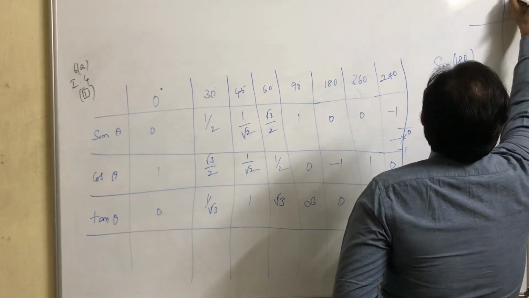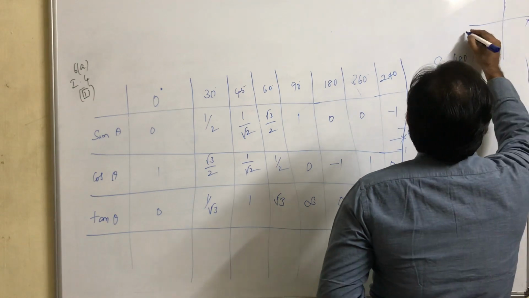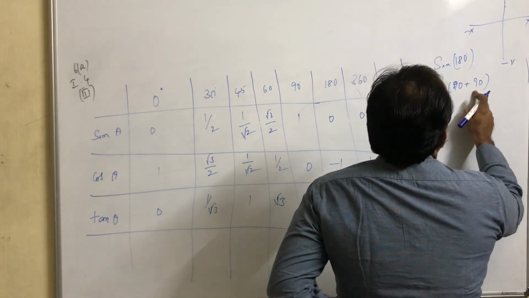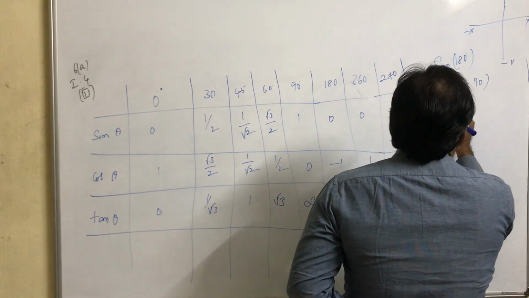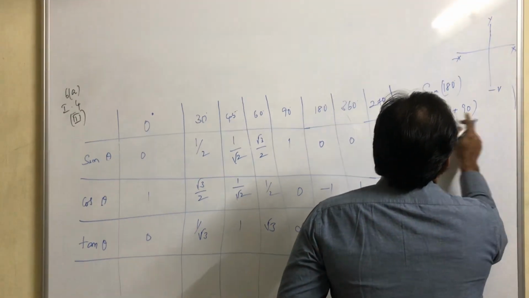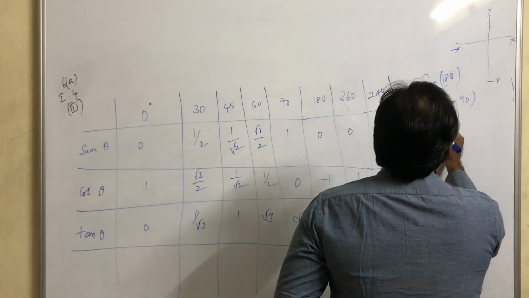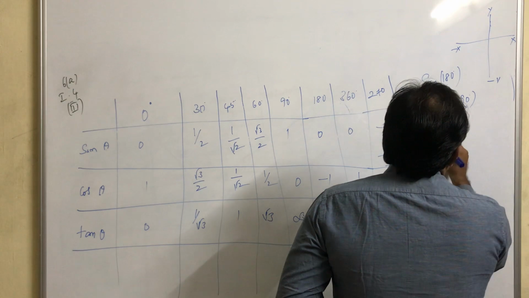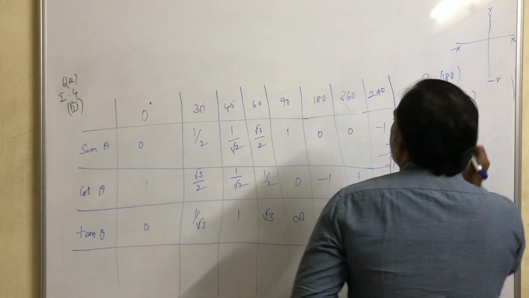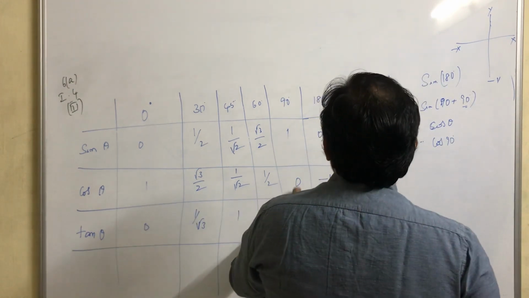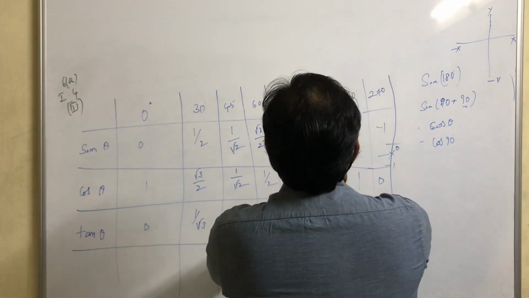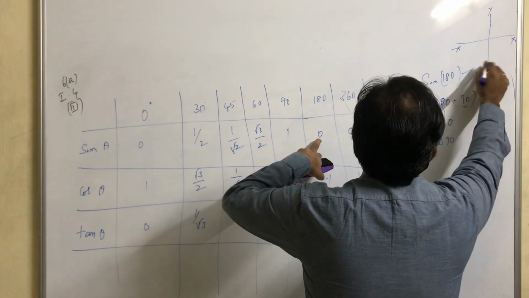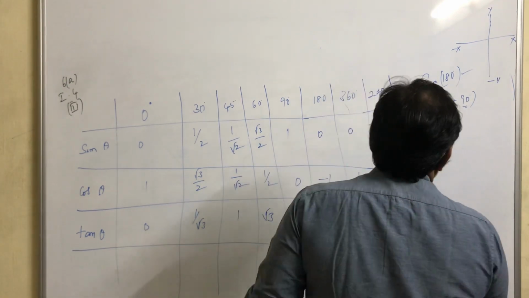This is x, this is y, this is minus x, and this is minus y. Sin of 90 plus theta, that is cos theta. Now theta equals 90, cos 90. What is the value of cos 90? Cos 90 equals 0. And the same 0 we got, right? So sin 90 equals sin 180 equals 0, that is correct.